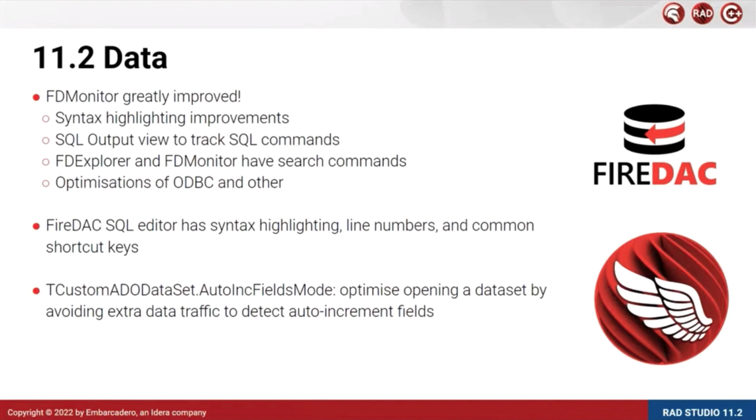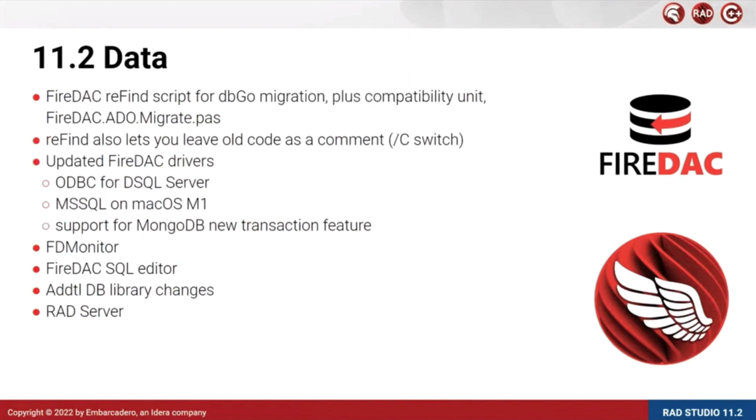There's been an optimization in ADO, but the main thing around ADO is that, like we've done in the past for BDE and for dbExpress, we are providing a migration path for existing dbGo or ADO components.